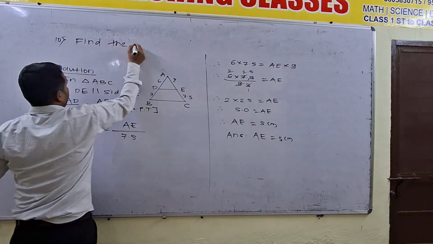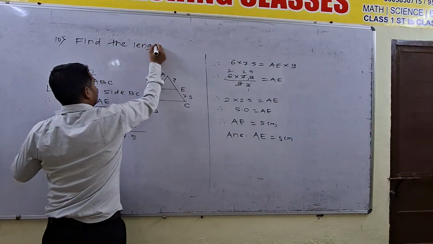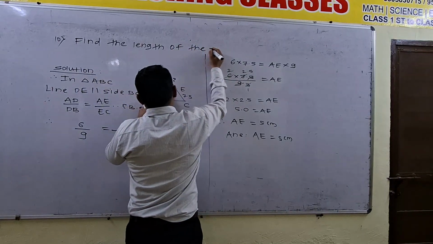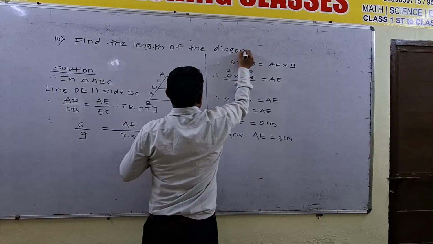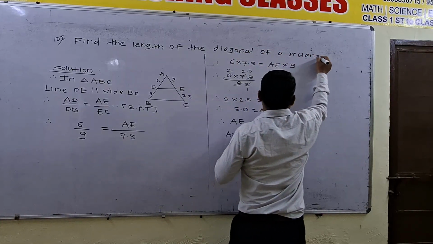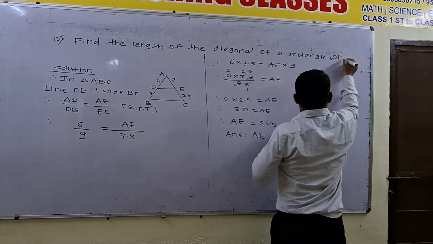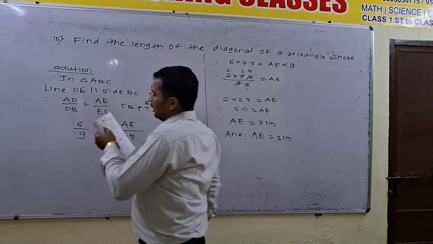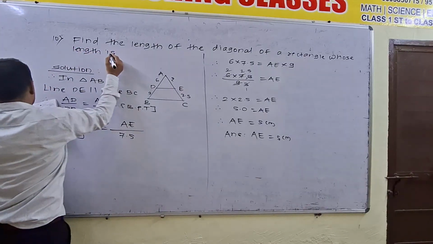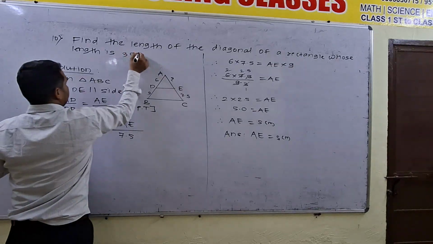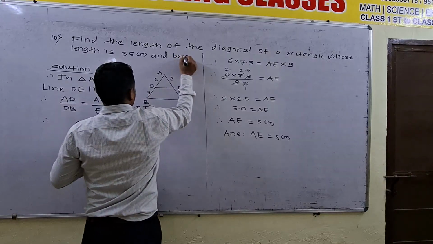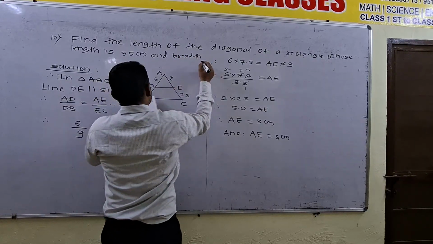Find the length of the diagonal of a rectangle whose length is 35 centimeter and breadth is 12 centimeter.